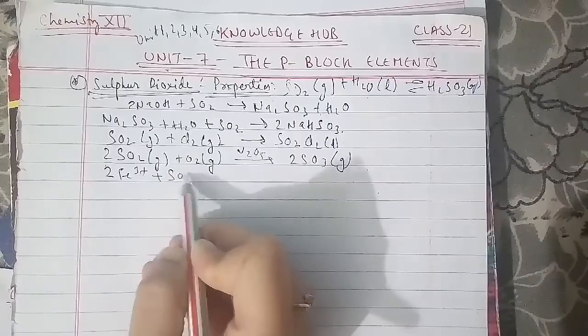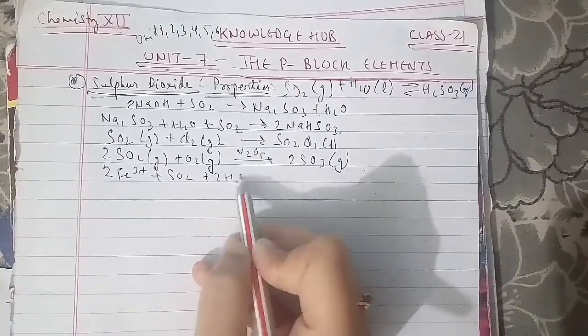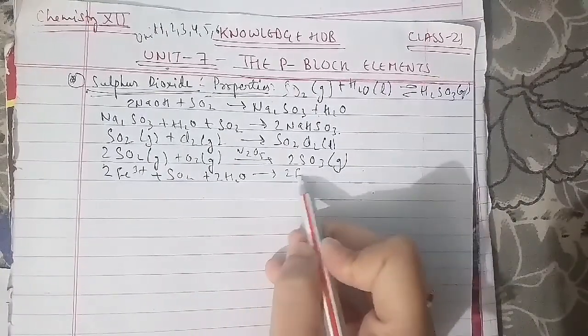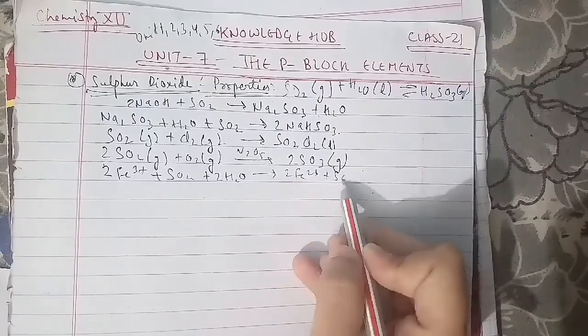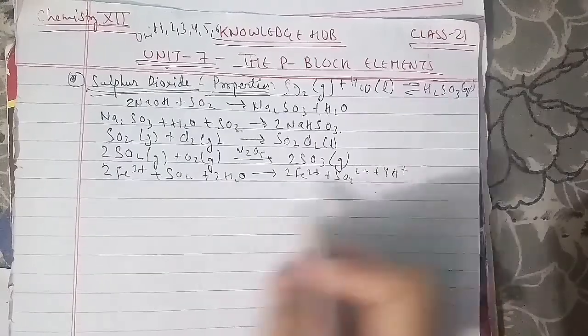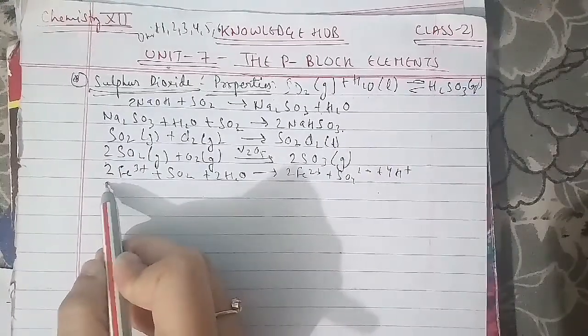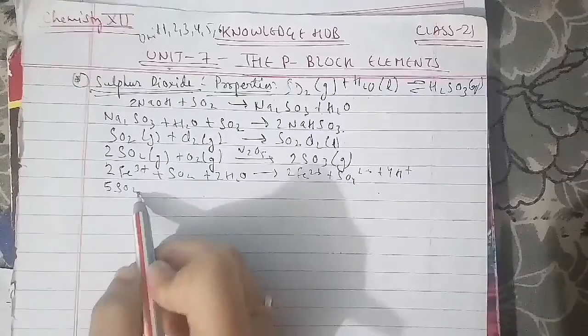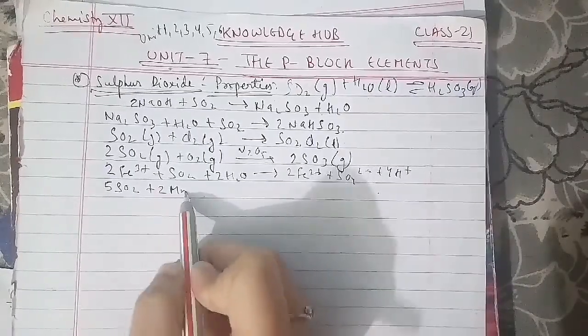And 5SO2 plus 2MnO4- plus 2H2O will give 5SO4 2- plus 4H+ plus 2Mn2+.